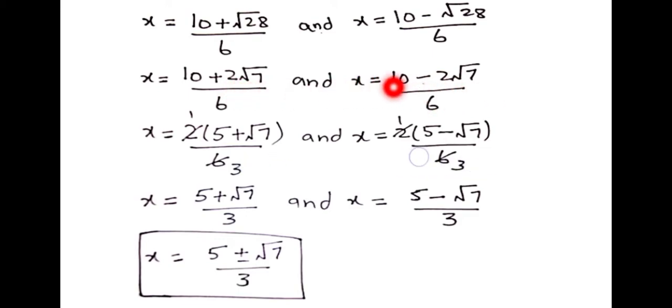Similarly in this case there is only a difference of sign. So when we take 2 common, it cancels out with the 3, and 2 threes are 6. So basically we get 5 plus root 7 over 3, and 5 minus root 7 over 3. These are basically the two values of x.